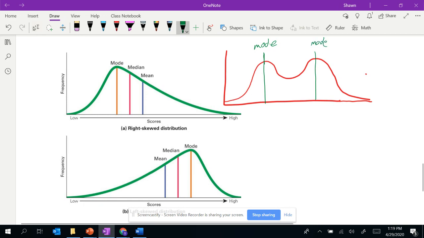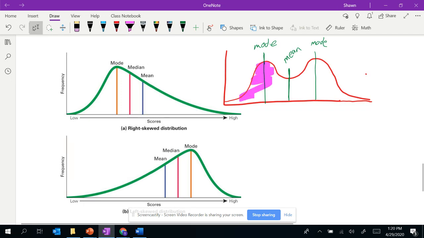Now, again, if this was an object, where would we place our fulcrum, or in other words, our mean? That would be right here. This would be our mean, right in the middle. The next thing is, what about our area?